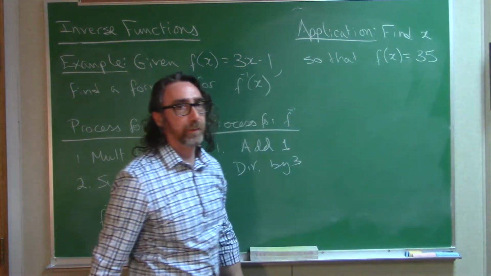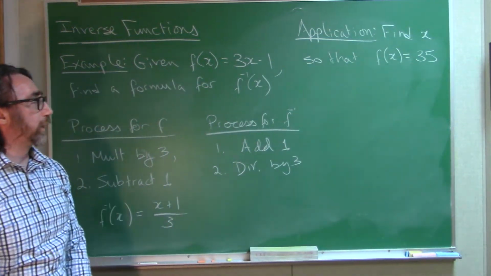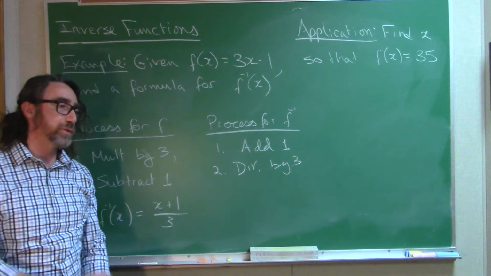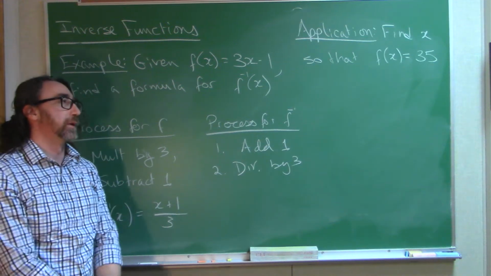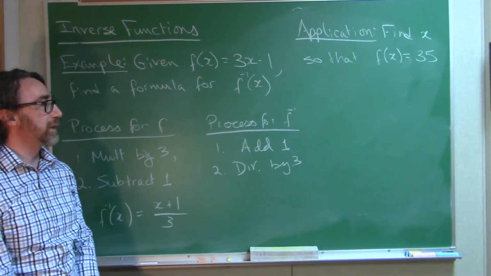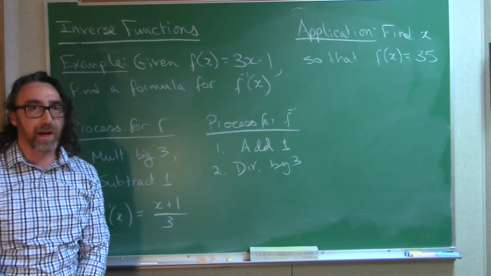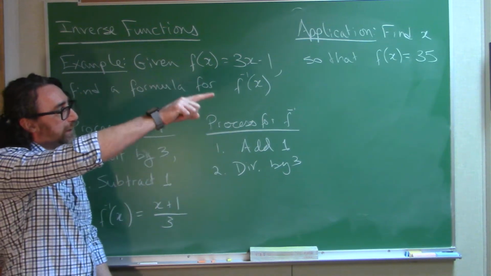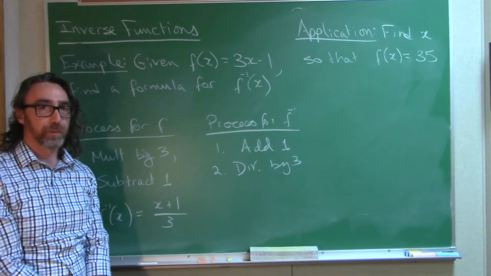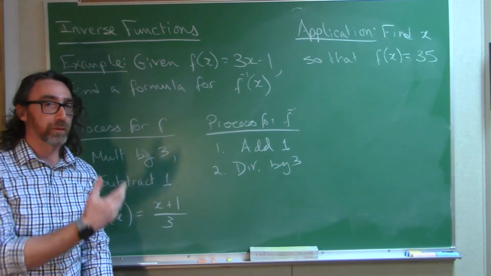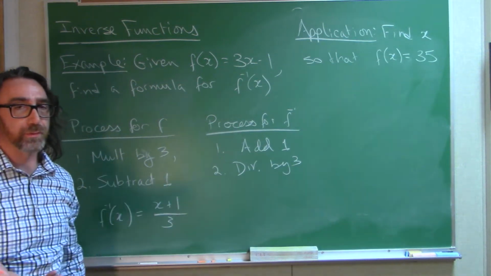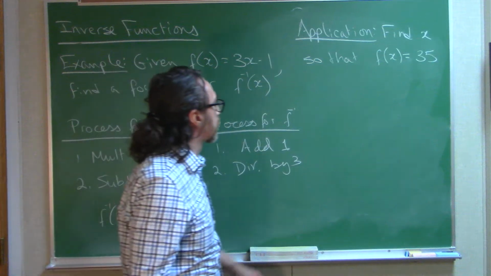Let's try this. So we are given a challenge here. We are supposed to find x so that f of x equals 35. So we're given the output that we want to hit, and the question is, what input should we use? Okay?